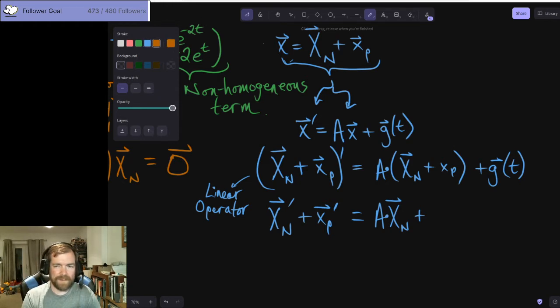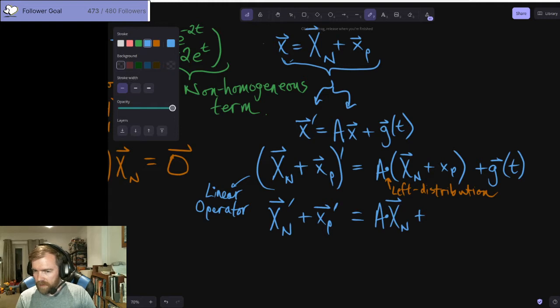So A x_n plus A x_p. This is super important for anybody who hasn't done significant work with matrices: multiplication for matrices is non-commutative, at least generally, so we're not going to change what side it's multiplied on.